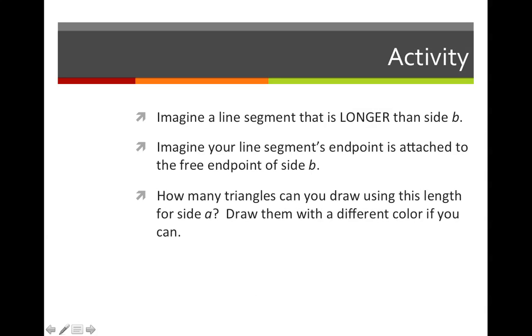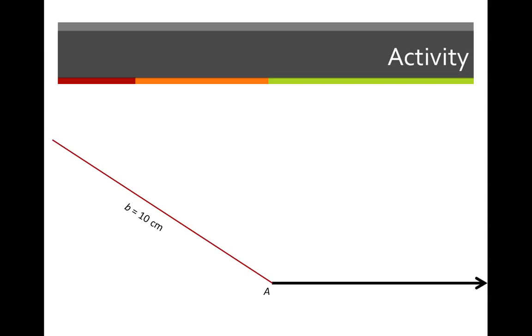But what about if we choose a line segment that is longer than side B? Imagine attaching that segment to the endpoint. How many triangles could you draw now? So if we're choosing a line segment that is longer than B, then as I move it around, I find that there's only one possible triangle that can be drawn.